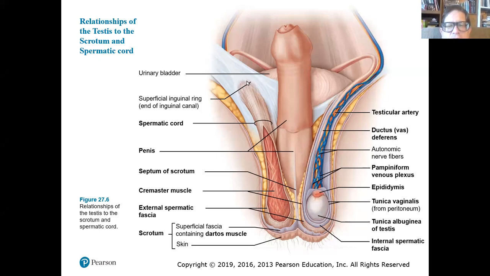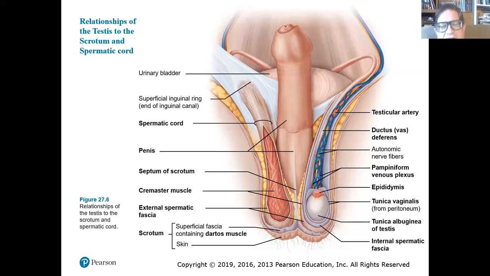The spermatic cord is coming out the inguinal canal from the groin, because when the testes form, they form inside of the abdomen, and then they migrate downward. That's when they say, oh, they dropped. They're going down into the scrotum.